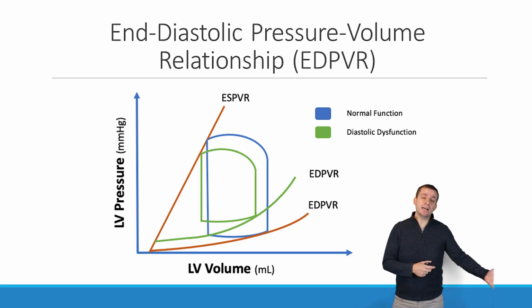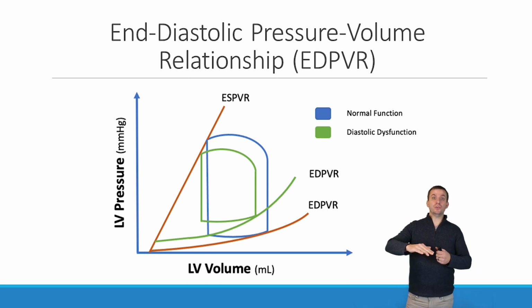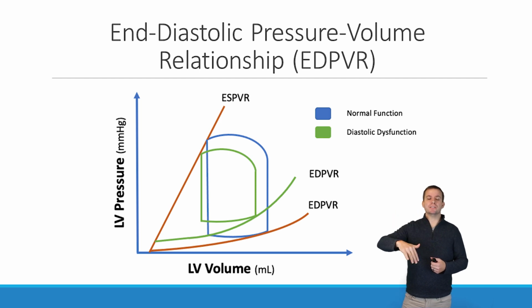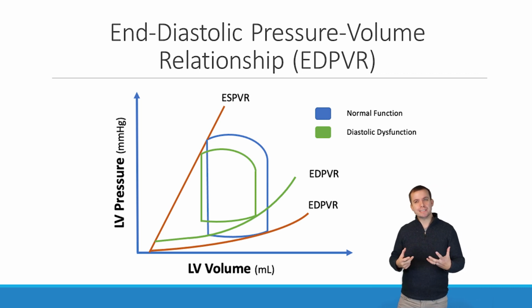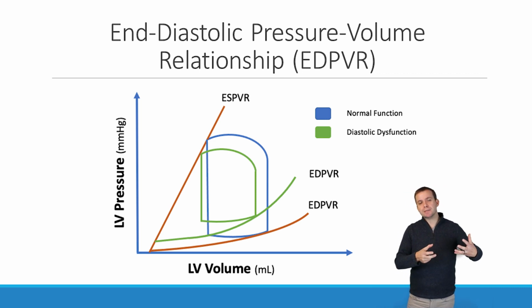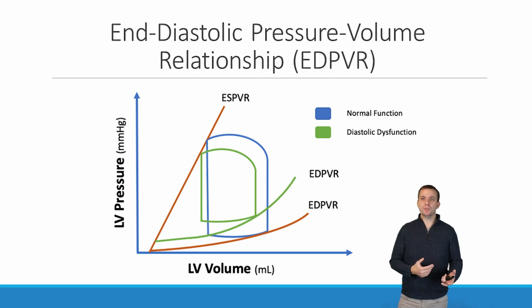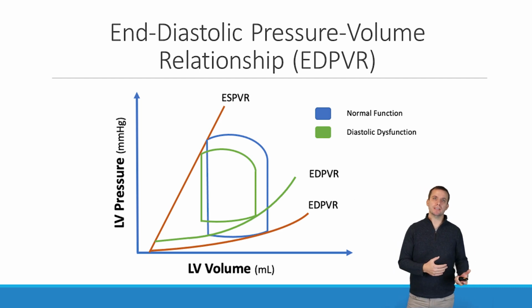Additionally, if they have diastolic dysfunction, as you see, they bump up to the green line. So now they have this increase in their pressure with no increase in their volume. Their ventricle is stiffer, so for that same exact volume, they have different pressures. If someone gets diastolic dysfunction, they'll have the exact same amount of volume as the other person, but their pressures will be significantly higher.